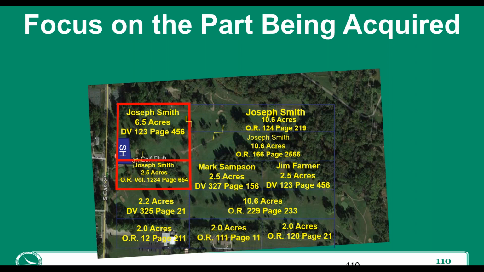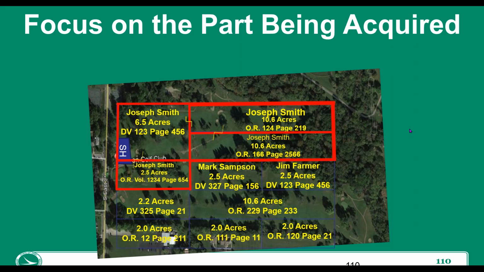He received the 6.5 acres in deed volume 123,456 and the 2.5 in OR volume 1234654, so he bought them at different times. He also, as you can see, has some hooks. If you're familiar with hooks, the old tax maps would show hooks that indicate it is part of the same owner, contiguous parcels.